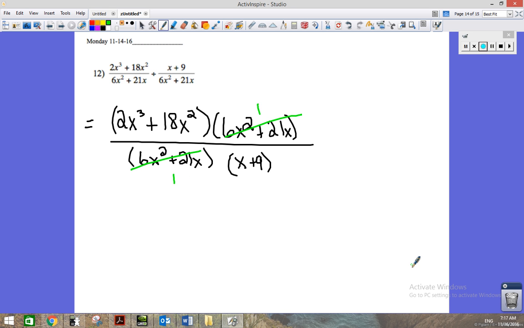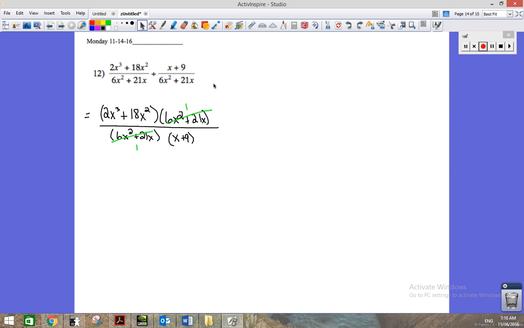They divide to 1. Now, I can't look at this 2x cubed plus 18x squared right now and see if it has a factor of x plus 9. But I suspect it might. You know, if not, that'll be our final answer. But let's look and see.